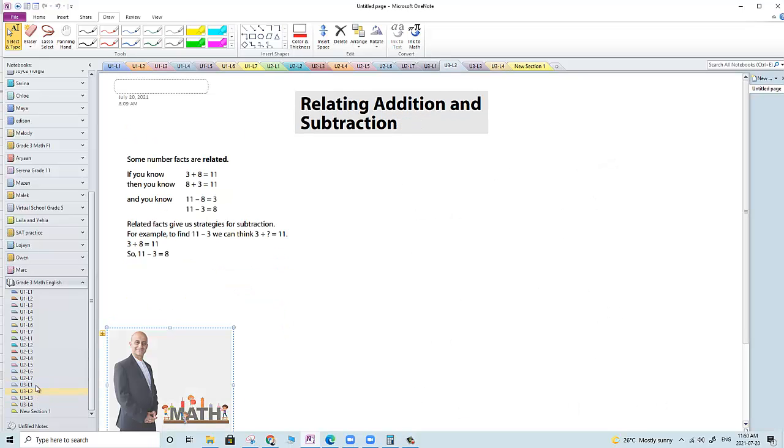Now we're gonna go to the next part, relating addition and subtraction. Someone will ask me, are you sure there is a relation between addition and subtraction? Yes, there is a strong relation between addition and subtraction. So let's see the meaning of that. If I'm saying 3 plus 8 equals what?